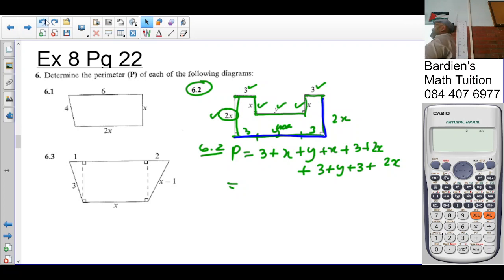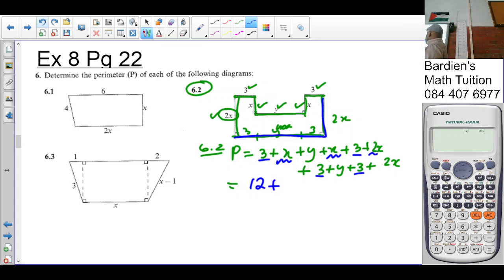You must carry on and add it. So what is 3 plus 3? 6 plus 3? 9 plus 3? 12. You guys got 12 then. Plus x plus x is 2x, plus 2x is 4x, plus 2x is 6x.